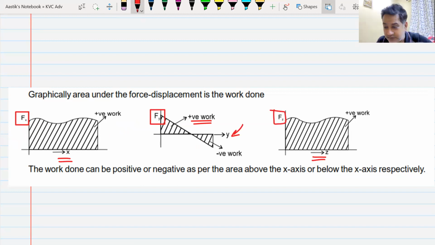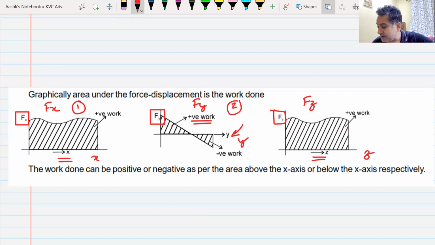That means if the force is a three-dimensional force which has got an x component, a y component, and a z component, and if you have a graph of that force as well, then this graph is drawn between Fx and x, this graph is drawn between Fy and y, and this graph is drawn between Fz and z. So how do you find out the work done by that force? You find the area of graph number 1, you find the area of graph number 2, you find the area of graph number 3, and then you simply add them up. Do we understand this, yes or no?